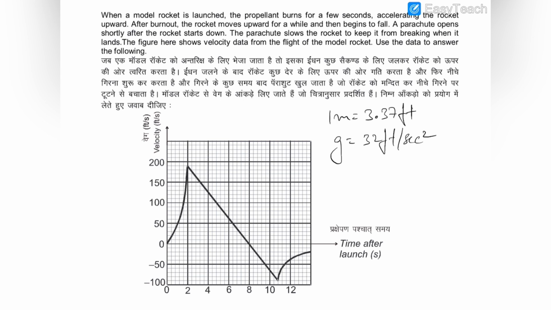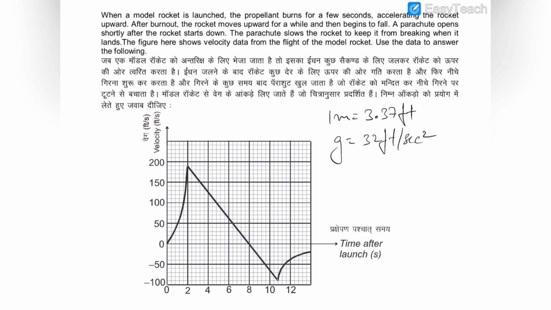If we exactly find the value of g, which is 9.8 multiplied by 3.37, then it would be exactly 32. So this is the value of acceleration due to gravity.